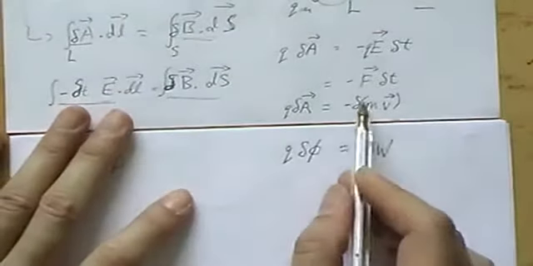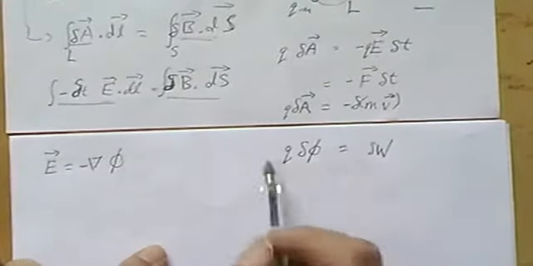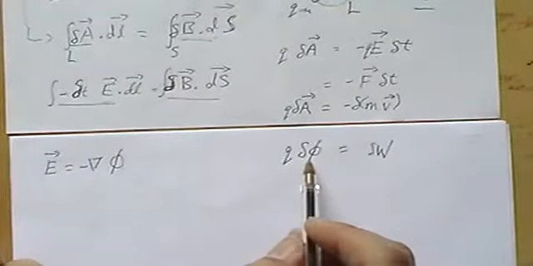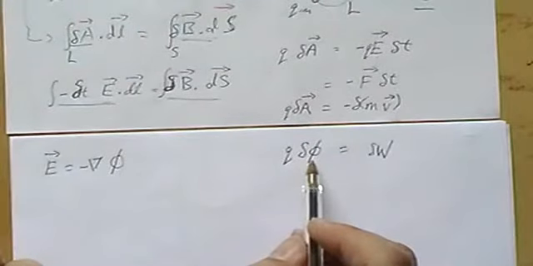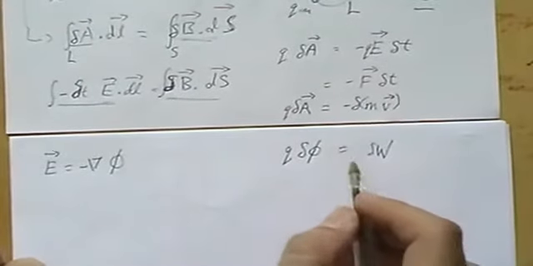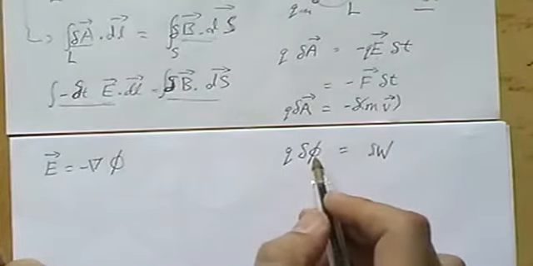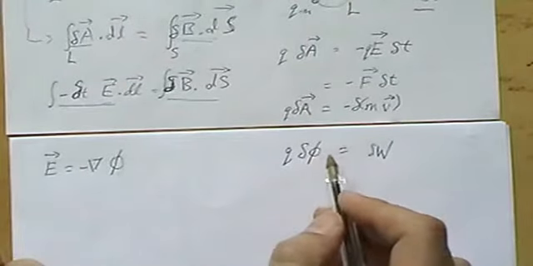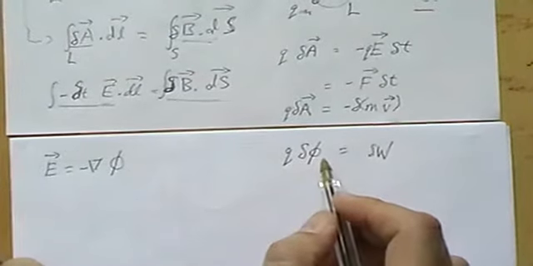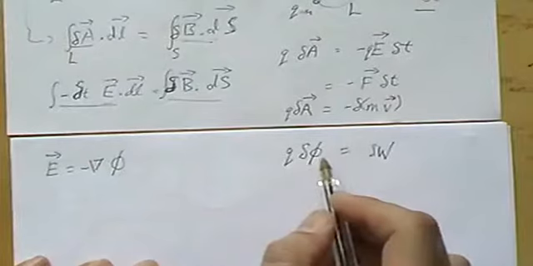Alright, now there is the sign there, so let's put the sign in. Let's just make this connection more obvious by doing this sign properly. Let's see when work is done. Now work is done when there is a fall in the potential, like when you drop a stone. So when you drop a stone, the gravitational potential falls. Likewise, when a particle is attracted by a field and moves as a result, the electric potential at the particle falls, and in that way work is done on the particle.